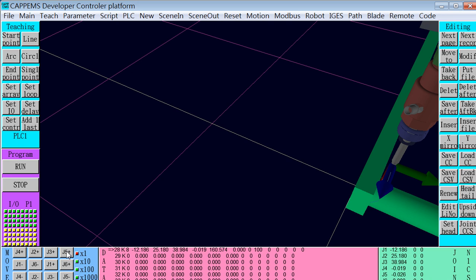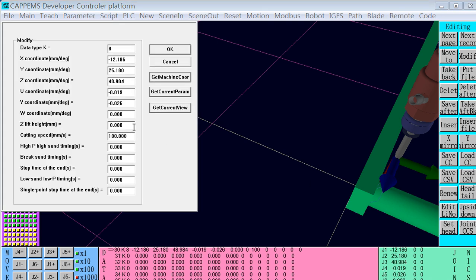Okay, then 9, joint mode 9, and then fastest speeds. J3 plus 9 as well, and then modify. The V adjust to 0. The U adjust to 0.